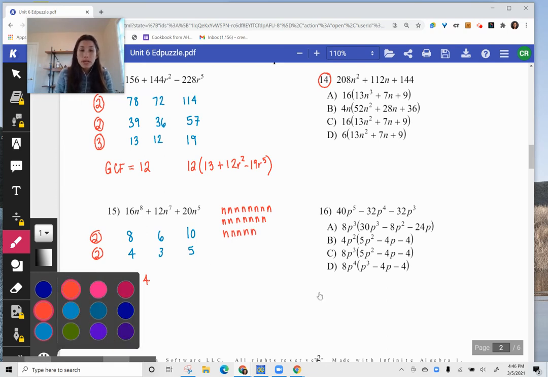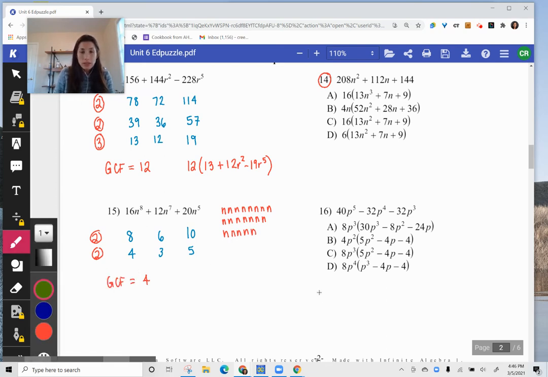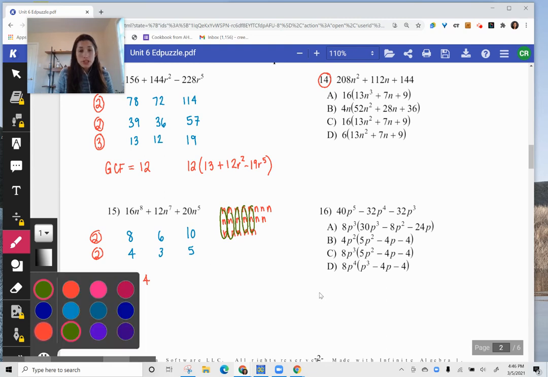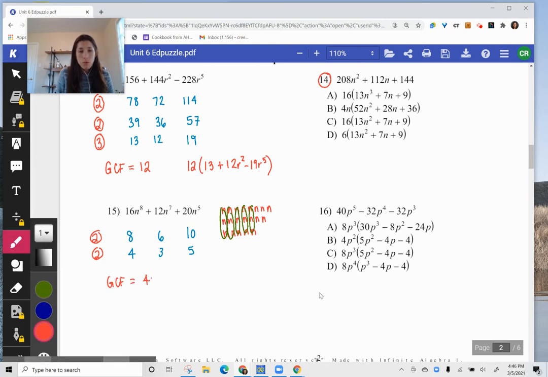So I'm looking for the greatest number that they have in common. So they've got 5 sets of n's in common essentially. So in terms of my GCF, it is 4n to the 5th power.